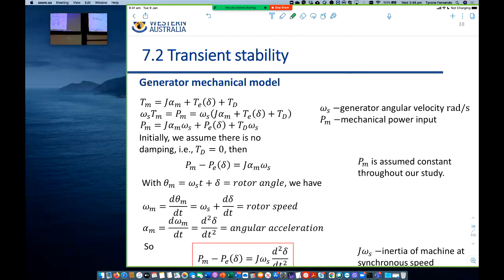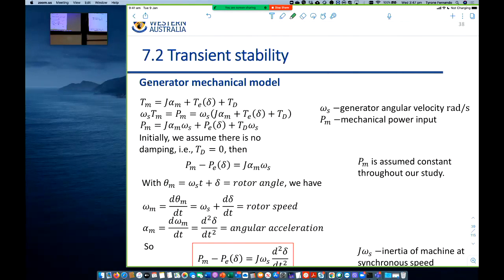So theta m is the rotor angle. Omega m, which is the derivative of the angle theta, must equal omega s plus d delta dt. Delta is actually the angle of the internal voltage of the generator, E delta.